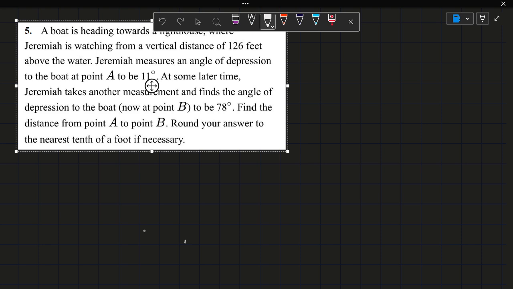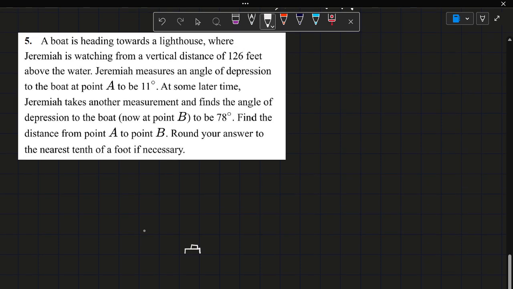So we have a boat, and it's heading towards a lighthouse where Jeremiah is watching. So draw a lighthouse. And yeah, so this is our lighthouse.